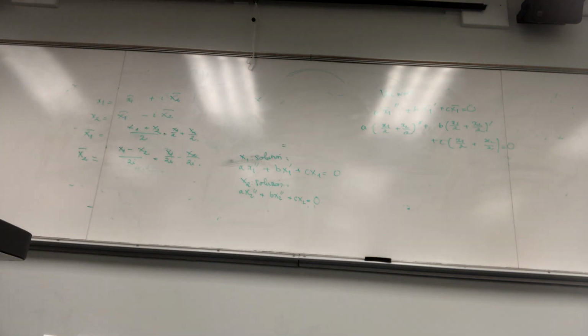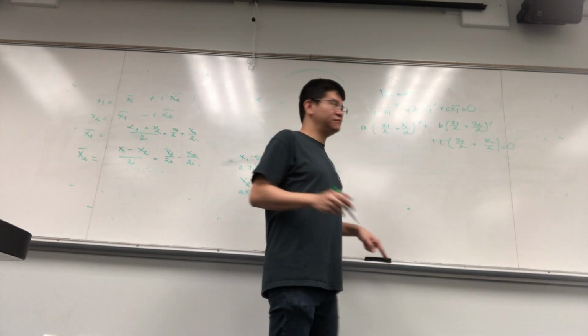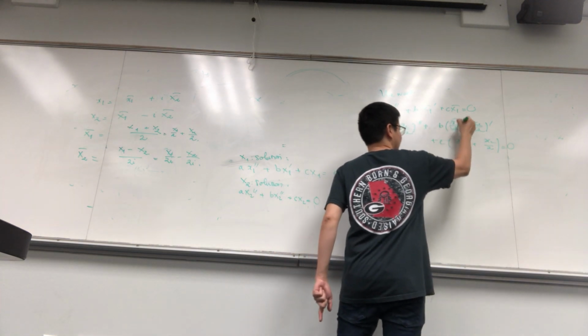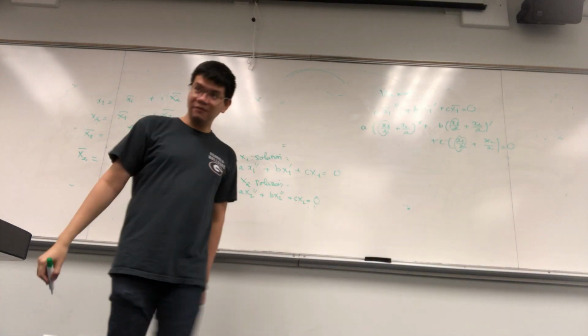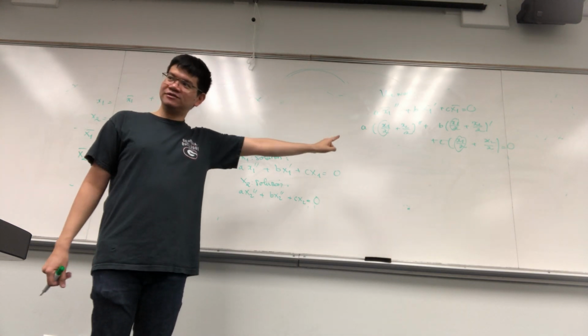Now, how can I prove that this is 0? You take the second derivative of that expression and the first derivative, and see if they are indeed 0. So I'm going to take the derivatives, but I group all of x1 and I group all of x2.